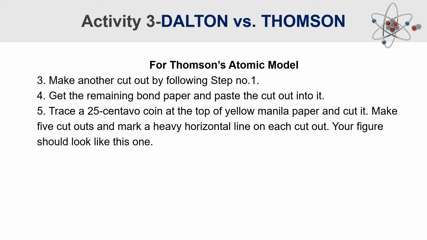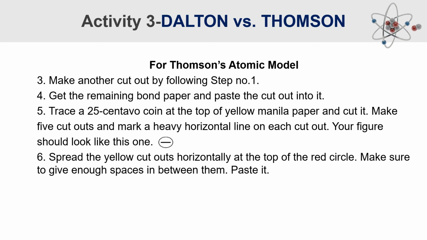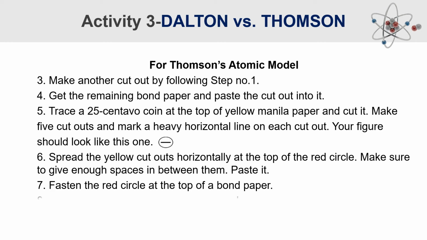Your figure should look like this one. Number 6, spread the yellow cutouts horizontally at the top of the red circle. Make sure to give enough spaces in between them. Paste it. Number 7, fasten the red circle at the top of a bond paper. Number 8, below it write Thomson's atomic model.